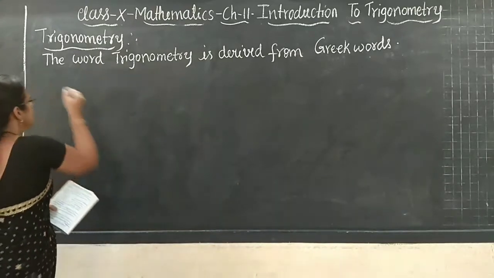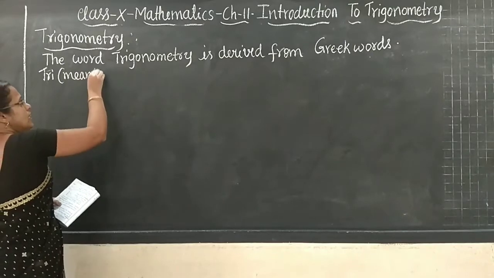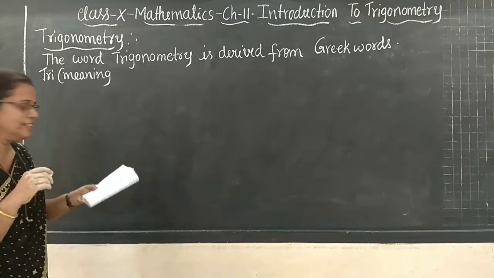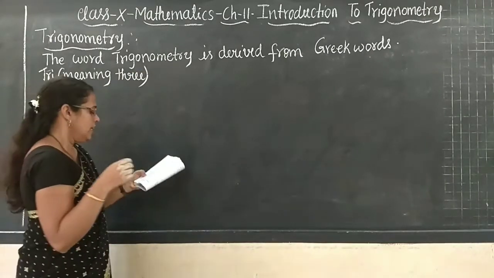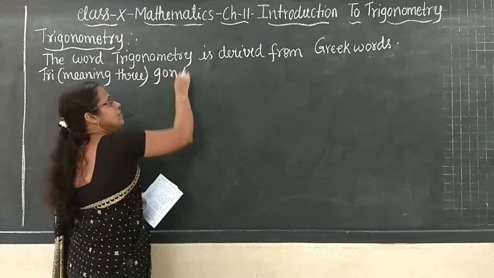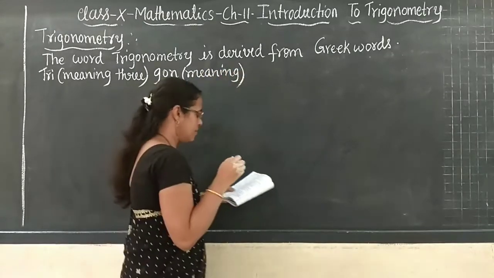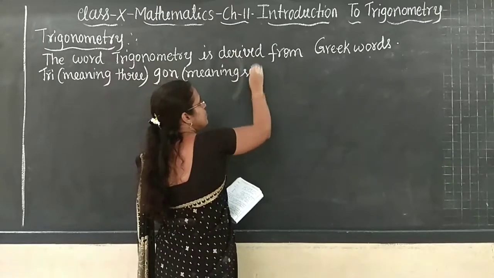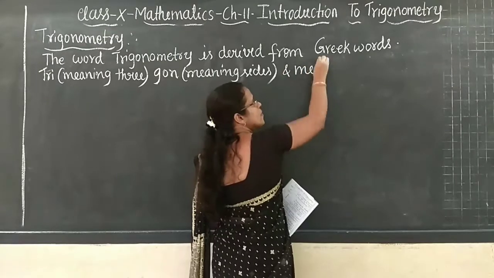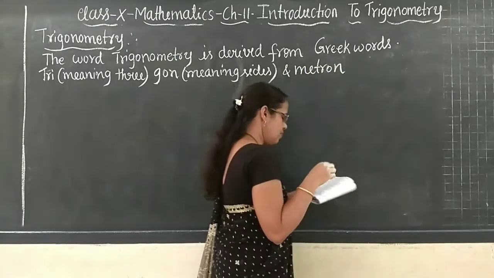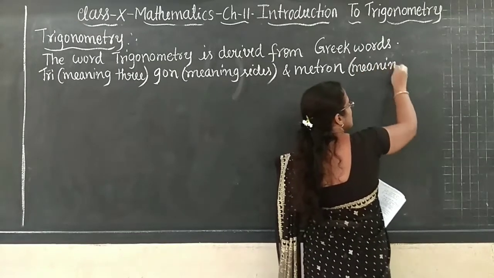Tri meaning how much, children? Yes, 3. Gon meaning sides and metron meaning measure.